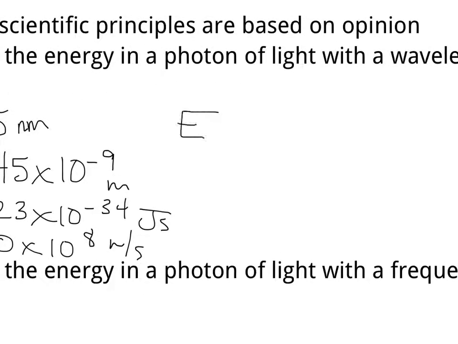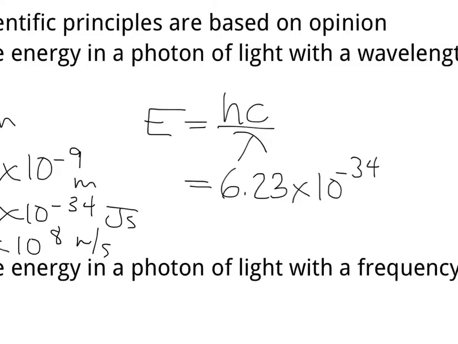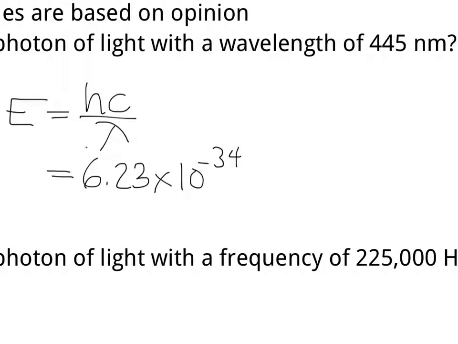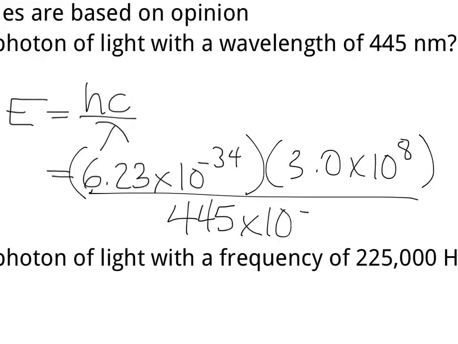The energy in our photon is hc over the wavelength, where h is 6.23 times 10 to the minus 34. c is 3.0 times 10 to the 8th. And the wavelength is 445 times 10 to the minus 9.